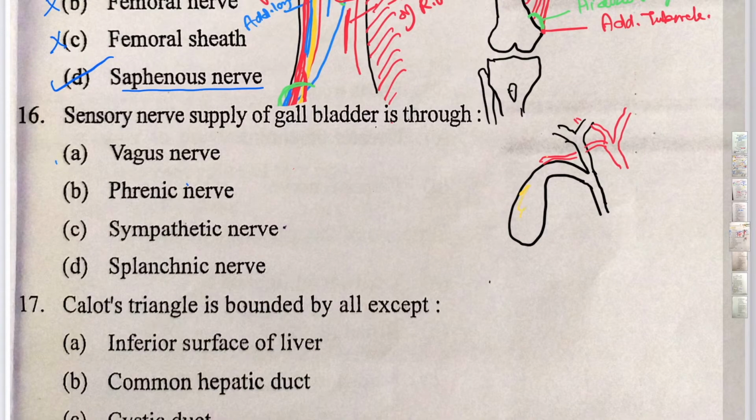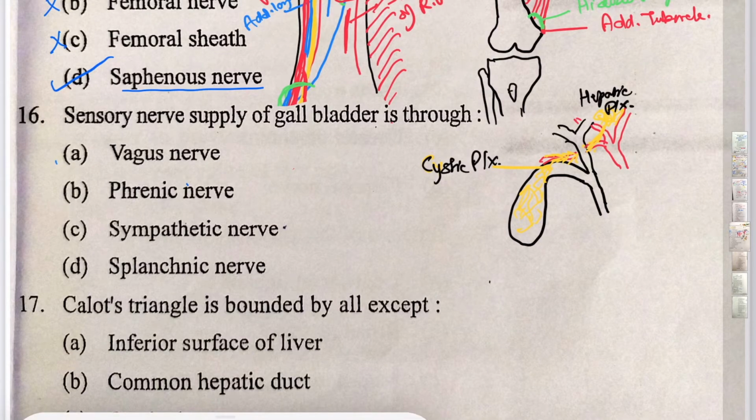The nerve supply to a viscera reaches along the blood vessels. So this area of the gallbladder is the territory of the nerve plexus around the cystic artery. So this is called cystic plexus. This cystic plexus is actually derived from this plexus, the hepatic plexus.